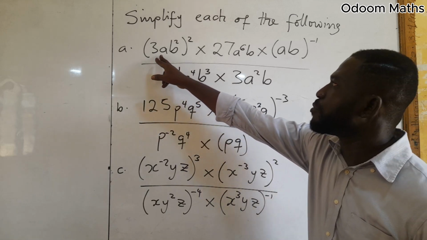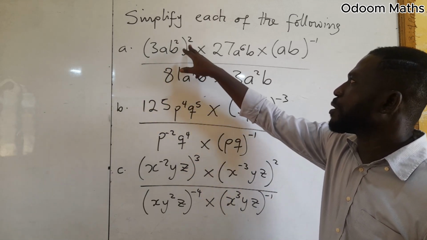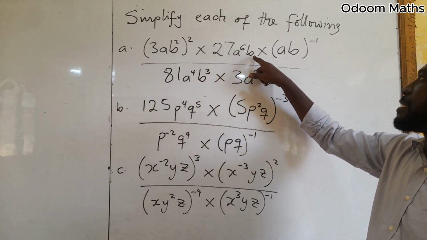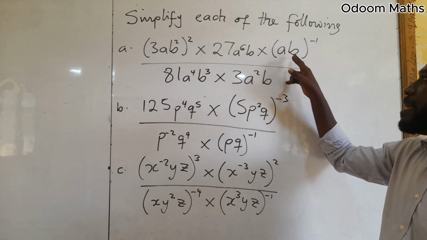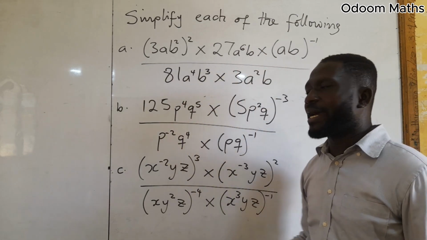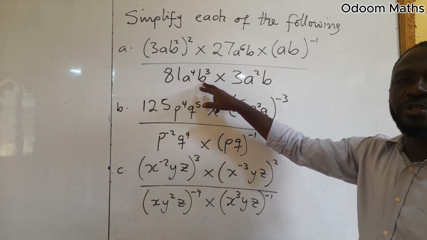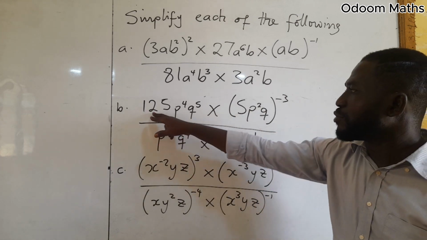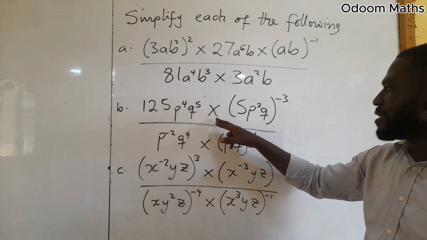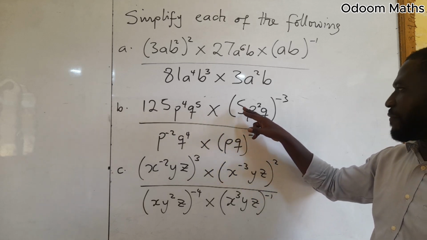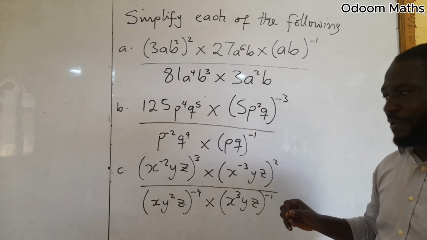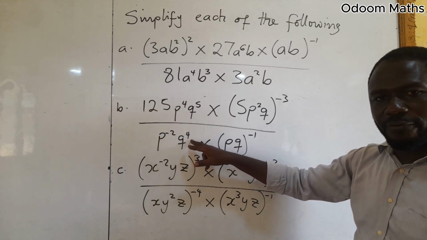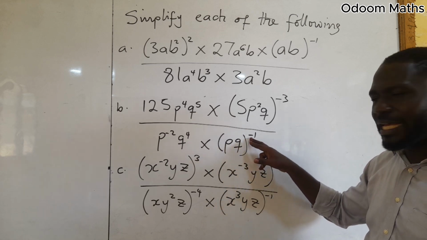The first one is (3ab²) all to the power 2, times 27a^6 b times (ab) all to the power negative 1, divided by 81a^4 b^3 times 3a²b. Then the second is 125p^4 q^5 times (5p²q) all to the power negative 3, divided by p^-2 q^4 times (pq) all to the negative 1.